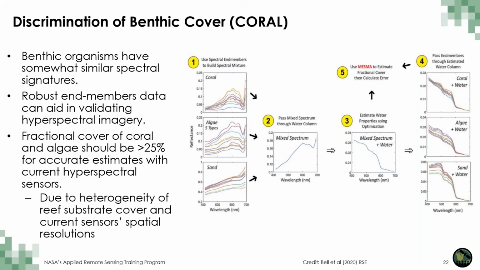In a recent paper by Tom Bell and colleagues, including some of the co-authors of the Coral team, they simulated the ability of a spaceborne hyperspectral sensor to accurately map the fractional cover of coral reef benthic classes under different water quality conditions and depths using a semi-analytical process, the HydroLight radiative transfer model, and a multiple end-member spectral mixture analysis, or MESMA, to estimate cover.